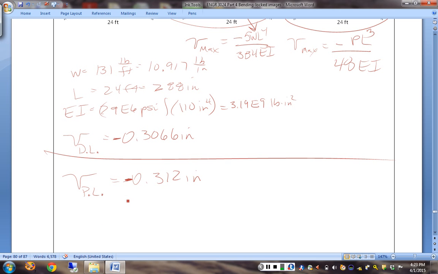So linear superposition, V total equals V distributed load plus V point load, is 0.619 inches downward. And where does that occur? Where is that deflection in X? This is symmetric, so it's right in the middle. It's at 144.